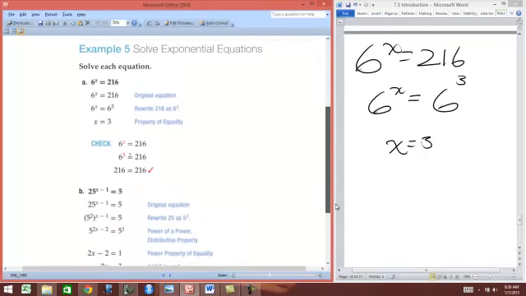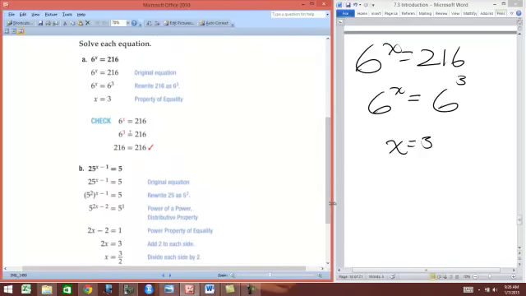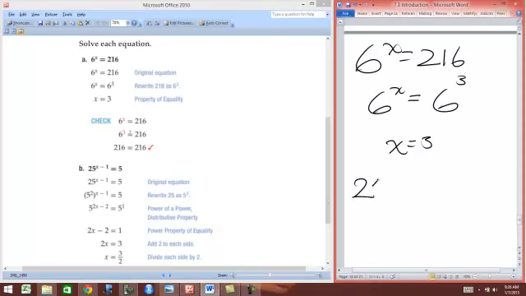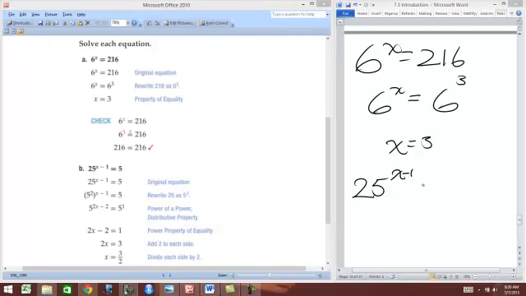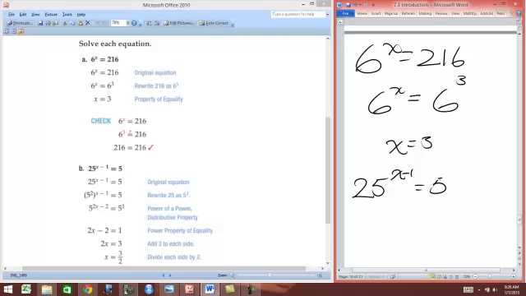Okay. Example B. 25 raised to the power of x minus 1. There's an interesting power for you. How do you like that? Equals 5. All right, well, everybody and his kid brother knows that 25 equals 5 squared. So we write 5 squared, put it in parentheses, raise it to the power of x minus 1 equals 5. Now, we can't go ahead with this equation yet.